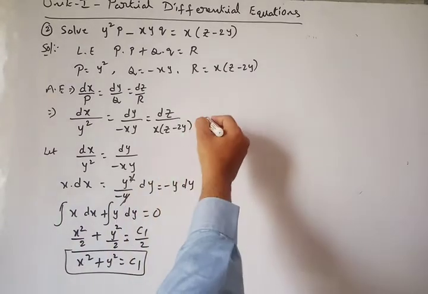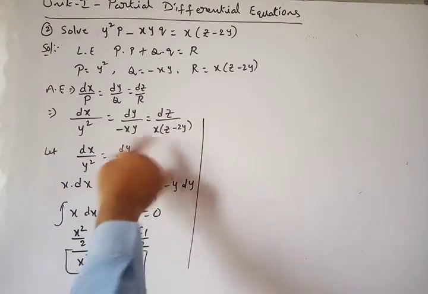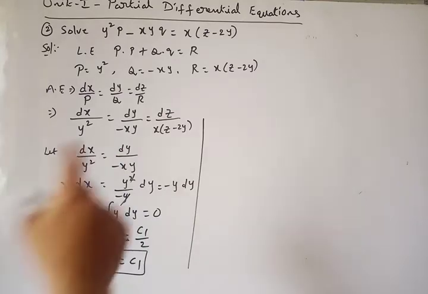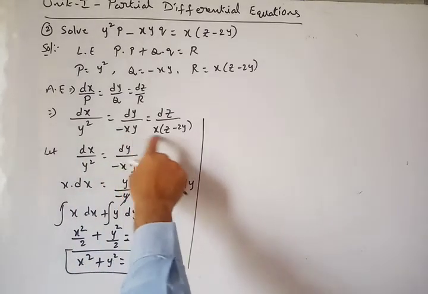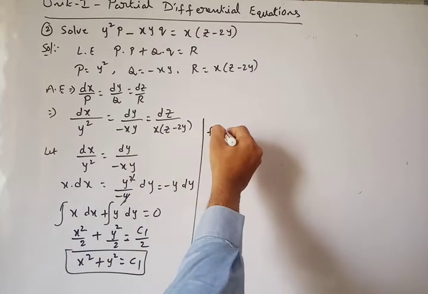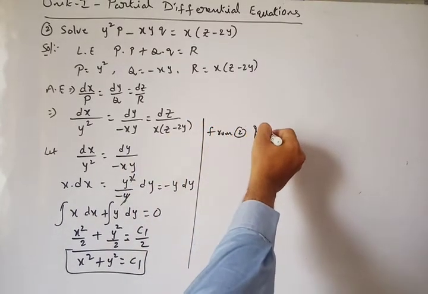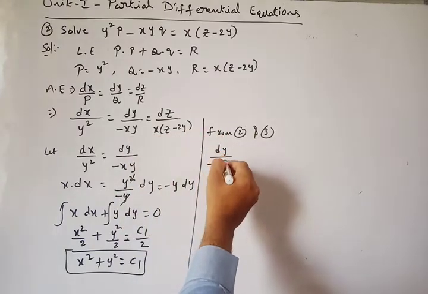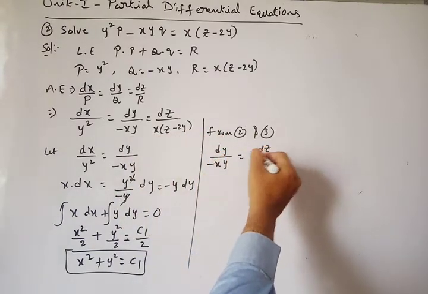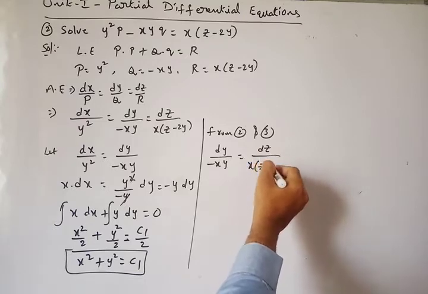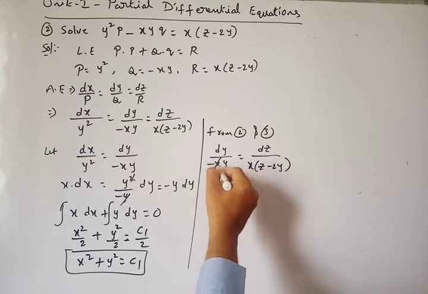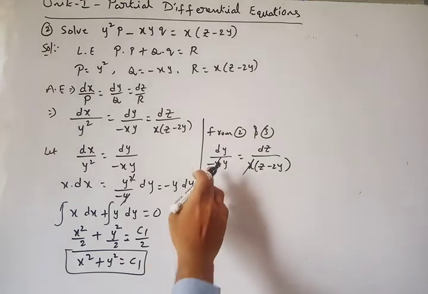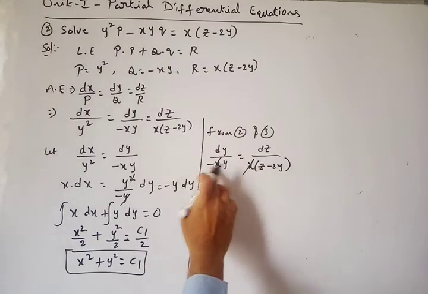How to solve for the second one? To solve the second one, I am taking the second and third equations, 2 and 3. So what I get here? dy by minus xy is equal to dz by x into z minus 2y. So this x and this x got cancelled. Now if I cross multiply, this minus is there, no?